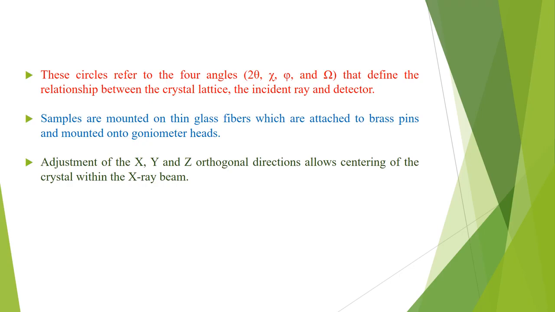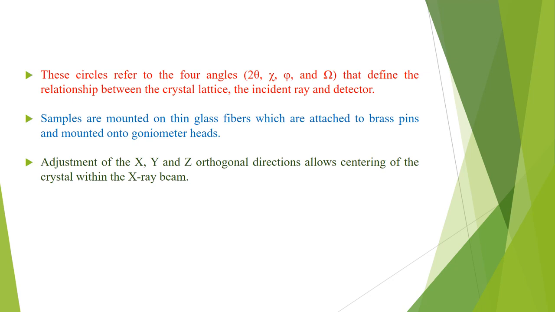Dear student, these 4 circles refer to the 4 angles 2 theta, chi, phi, and omega that define the relationship between the crystal lattice, the incident ray, and detectors.